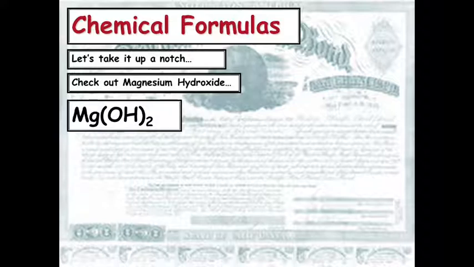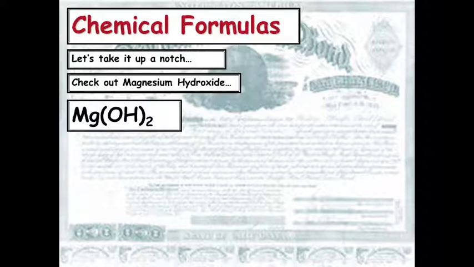Parentheses in science are a lot like parentheses in math. Many of you who are fans of math are going to think, oh, I know how to do parentheses and a number on the outside. I have to distribute that to all the different elements that are inside the parentheses.